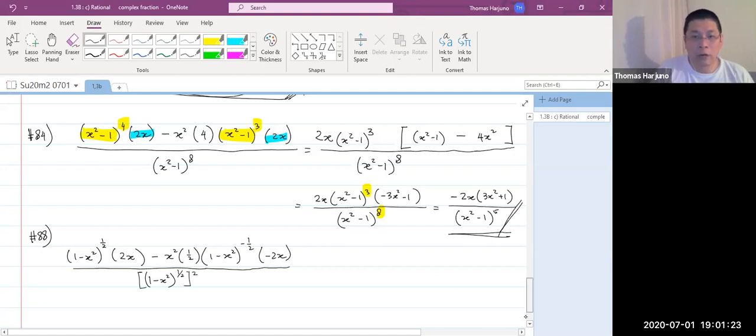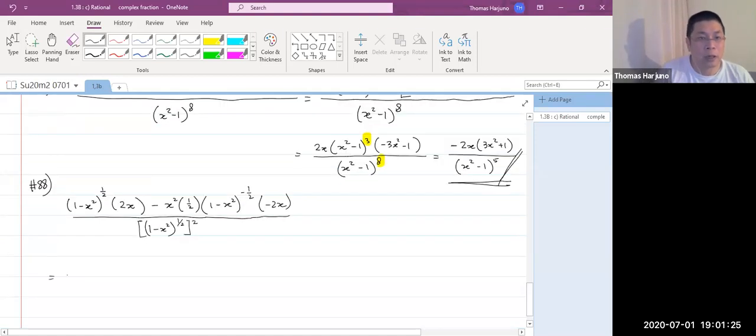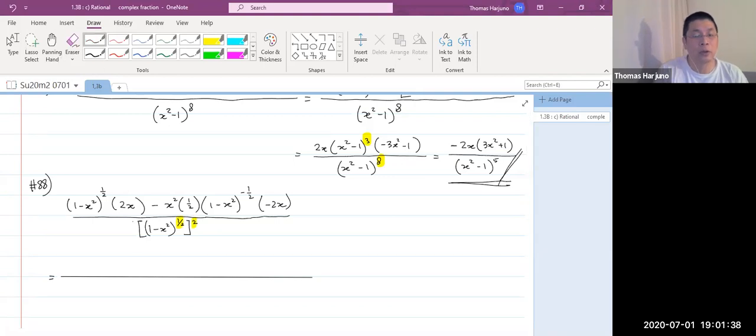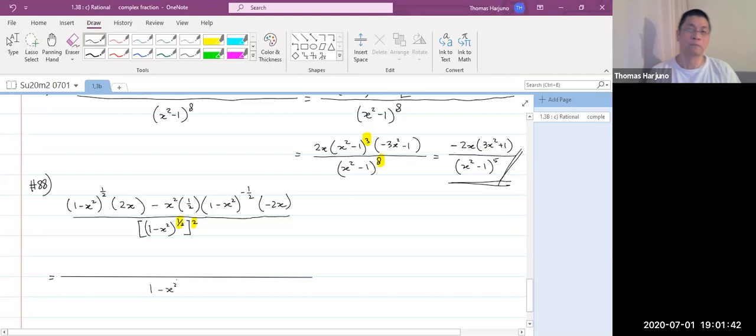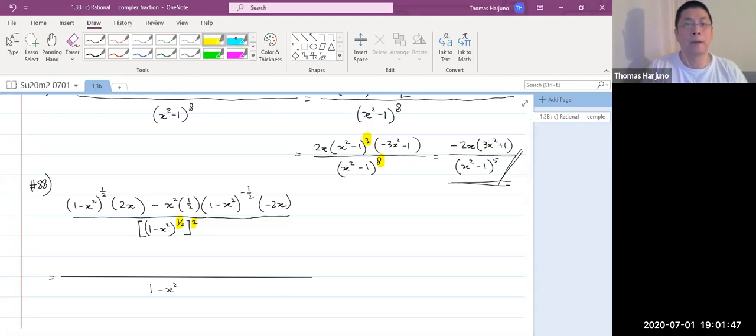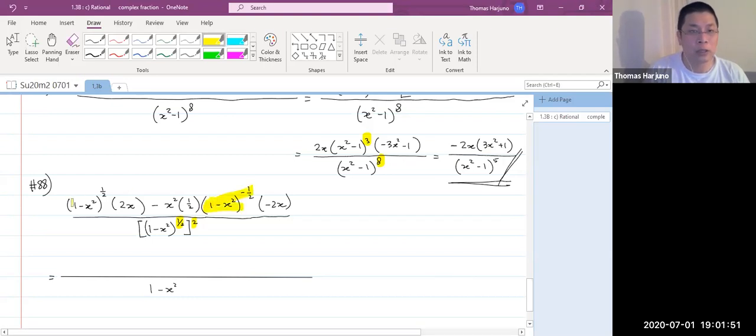Wow, that one is kind of hard to simplify. But I think I can show you that the denominator actually simplifies quite nicely, because the 1/2 to the power of 2 cancels there. So we for sure have 1 minus x squared only at the bottom. Now what I need you to do is take care of the numerator. Notice that this has the same base as this.